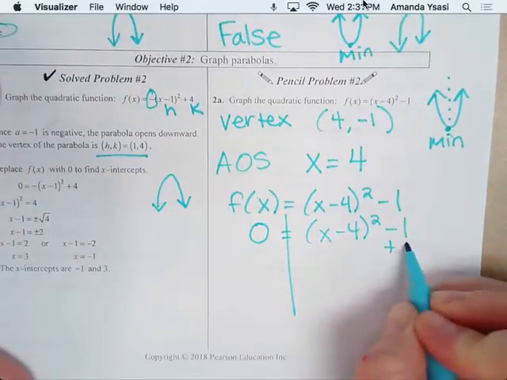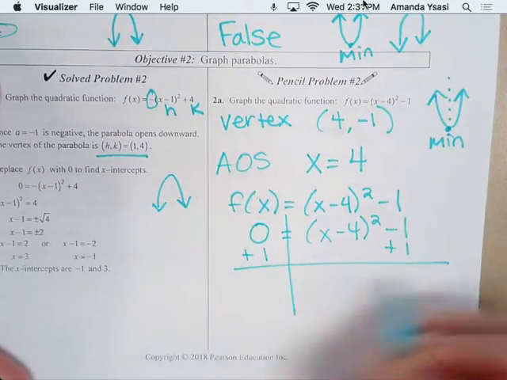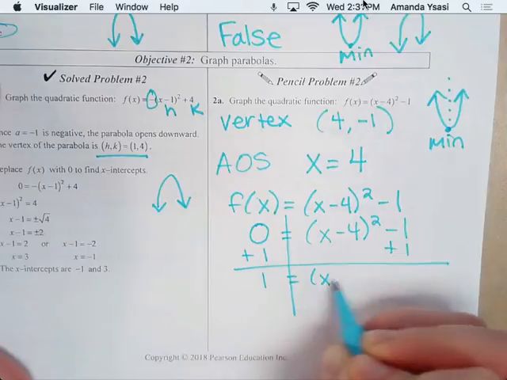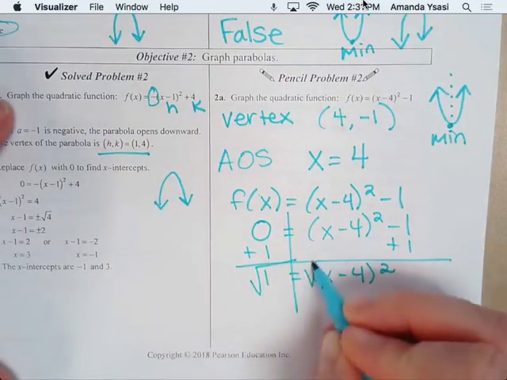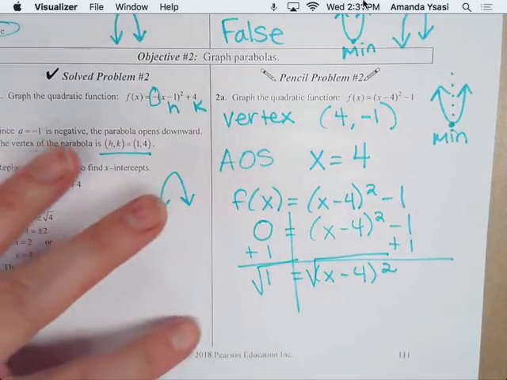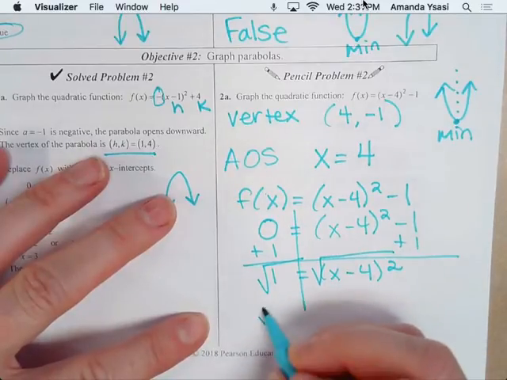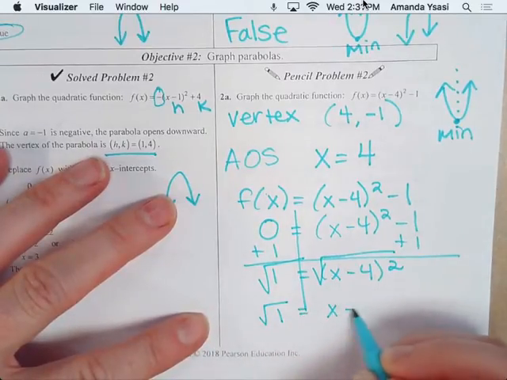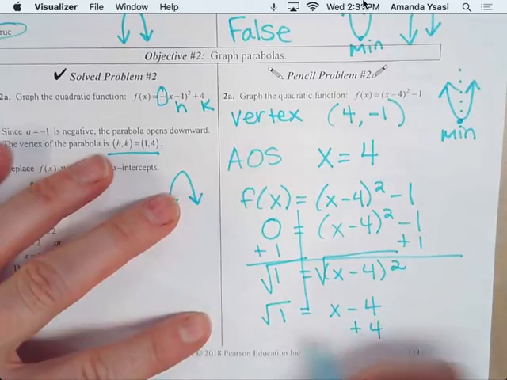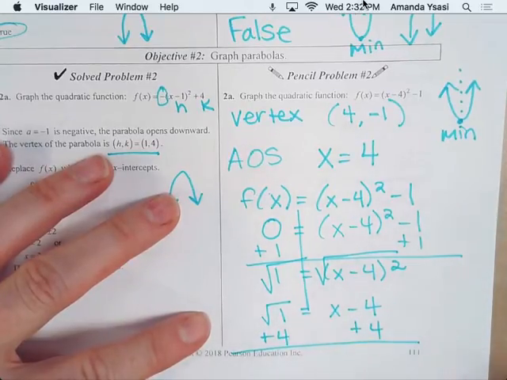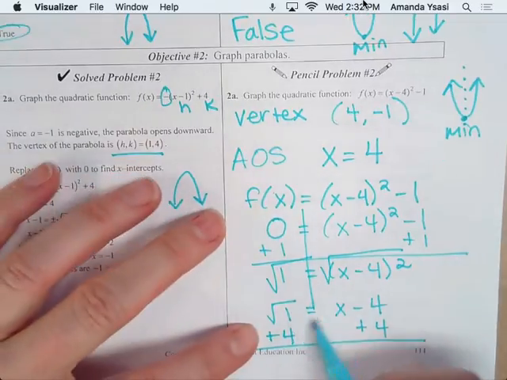So we would add 1 to both sides, and then take the square root, and then add 4 to both sides. Oh, square root of 1 is 1, isn't it?